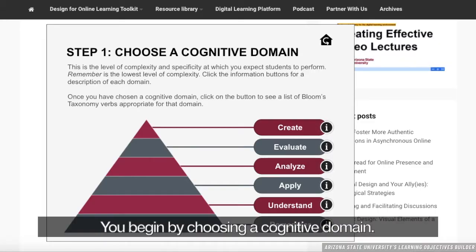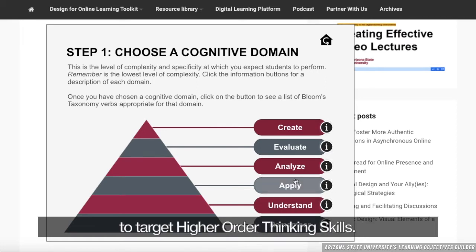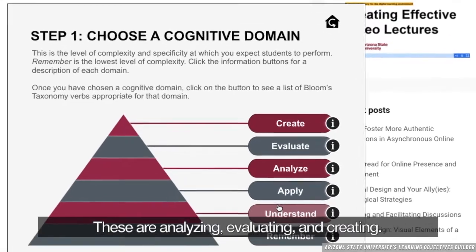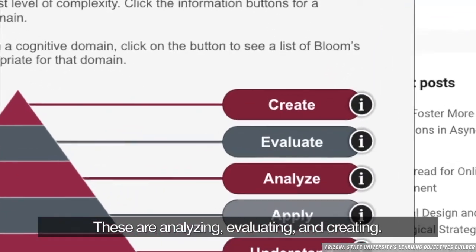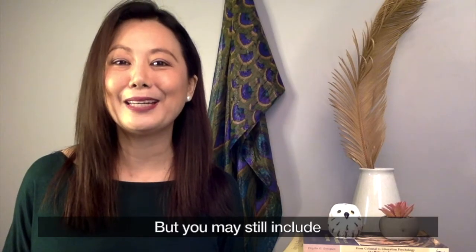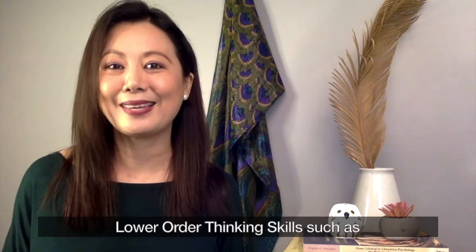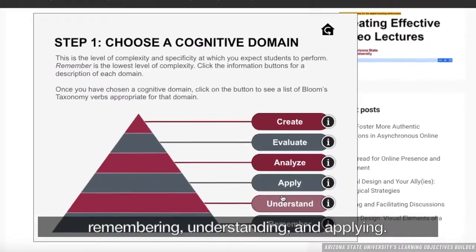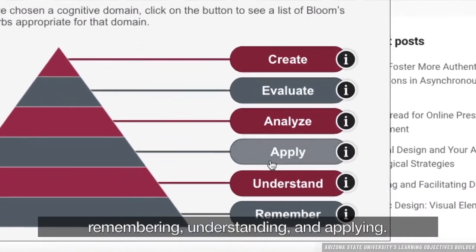You begin by choosing a cognitive domain. Of course, I will still encourage you to target higher order thinking skills. These are analyzing, evaluating, and creating. But you may still include lower order thinking skills such as remembering, understanding, and applying.